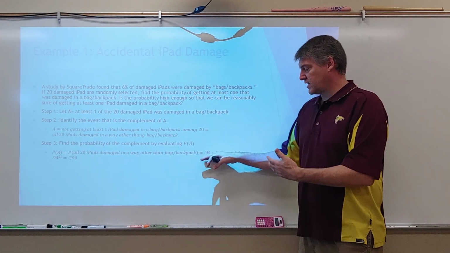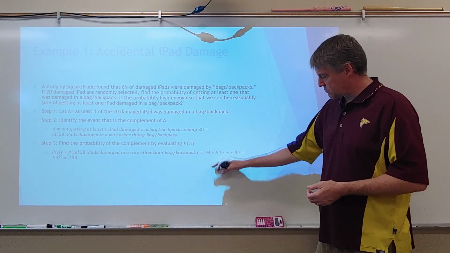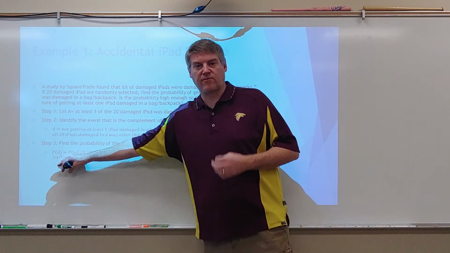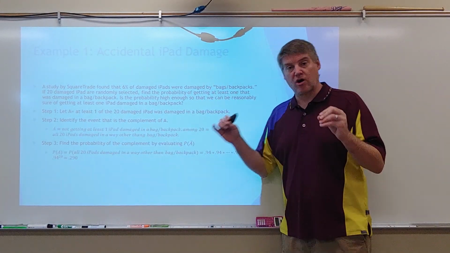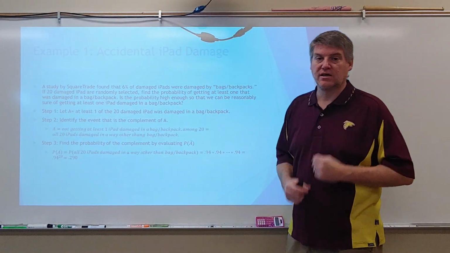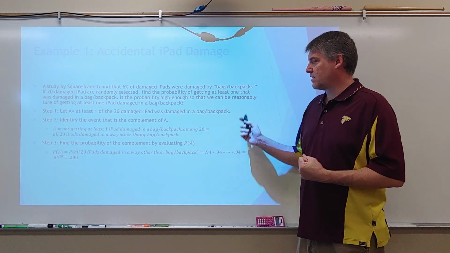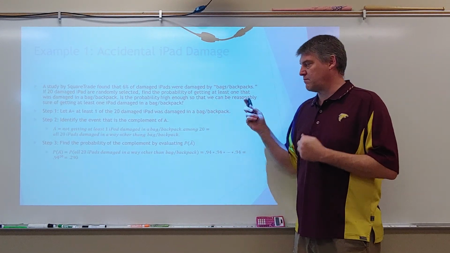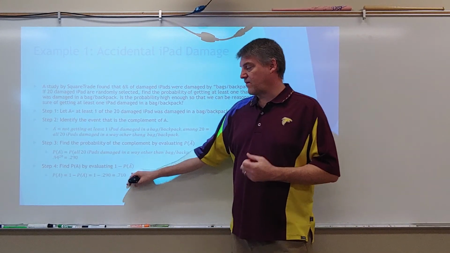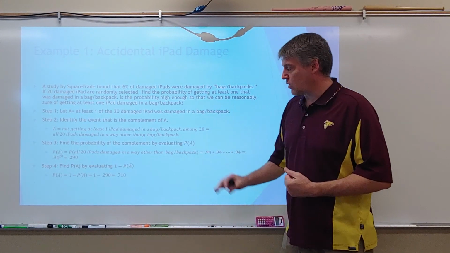So if we're doing this 20 times, it'd be 0.94 times 0.94 times 0.94, which is 0.94 to the 20th power. So that's all 20, or we have a 29% chance that they are damaged in some other way besides a bag or backpack.